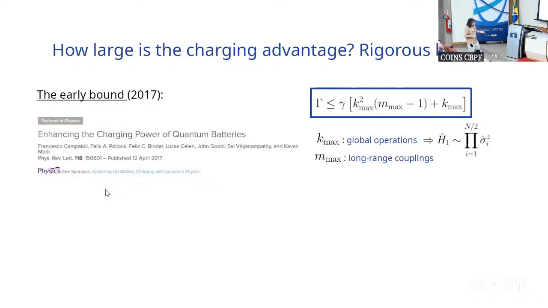But then in their bound, they couldn't rule out another possible ingredient, which were the long-range couplings. So the possibility that one qubit is talking with a qubit far away, but for example in just a quadratic piece. They couldn't rule out this piece, and this was the best bound.